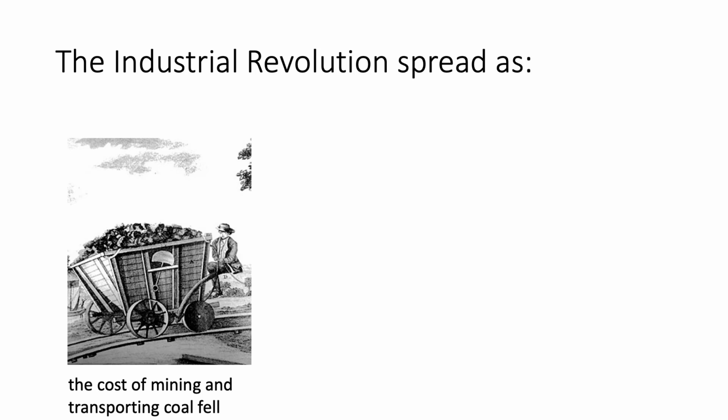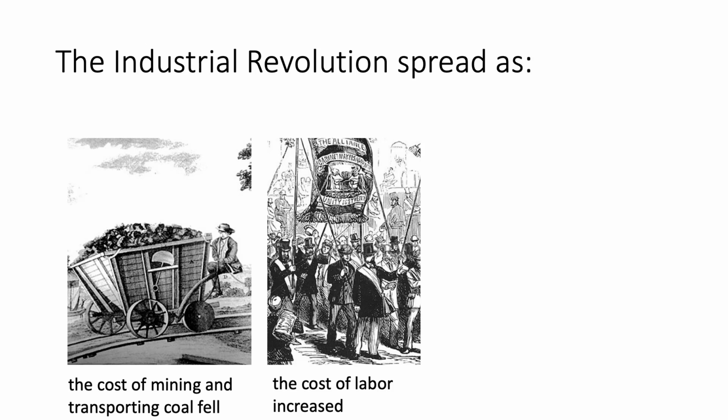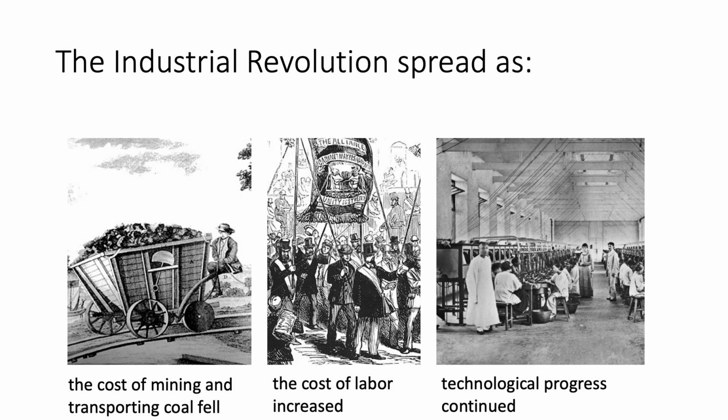So this is that movement that we illustrated from 20 pounds per ton of coal to 5 pounds per ton of coal. The cost of labor increased relative to that. And so this was our second mechanism that's illustrated in the process. And then the movement to A prime gives us this technological progress continued.